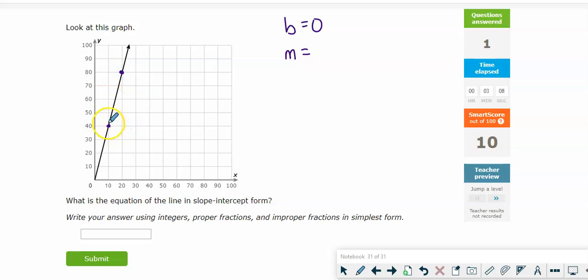I'm gonna go up 10, 20, 30, 40, up 40, and then to the right, 10. So this is positive 40 divided by positive 10, which is just 4. So my equation, y equals mx plus b, y equals, m was 4x, and then plus 0, we don't need to write plus 0, so we can just leave it, y equals 4x.